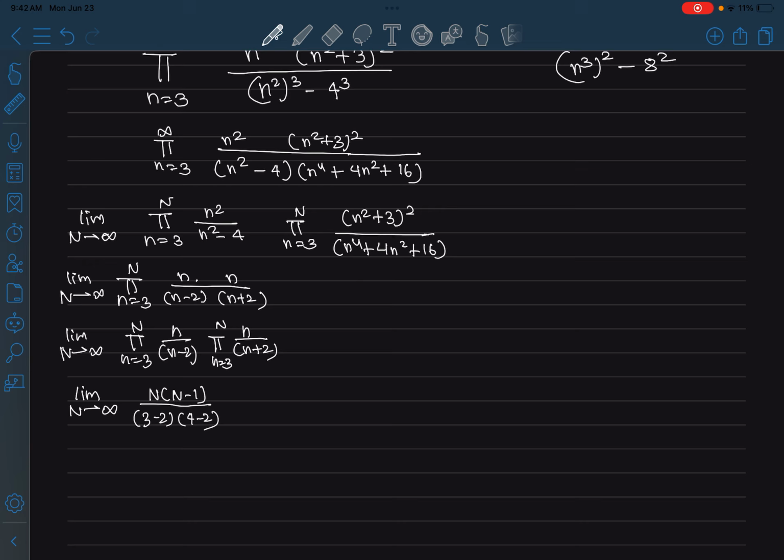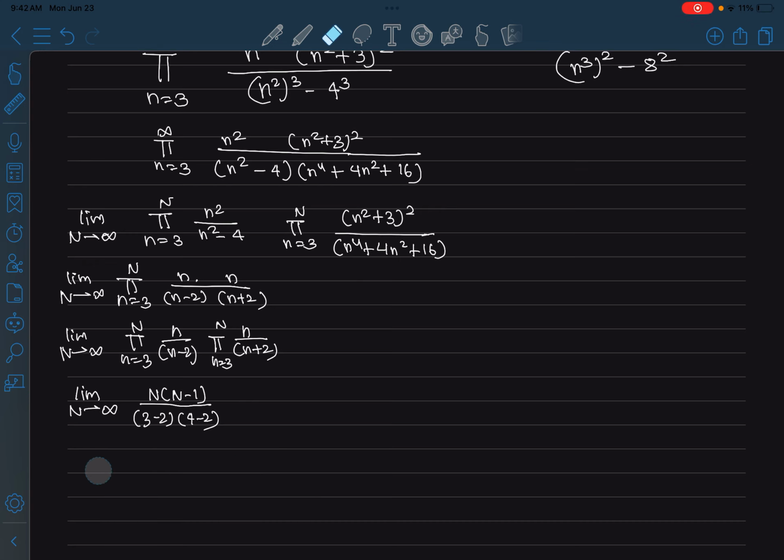This product is just going to be 3 by 1, 4 by 2, 5 by 3, up to N by N minus 2. So all these are going to cancel out, and you are just left with N minus 1 by 1 and 2. So that's what I have over there.